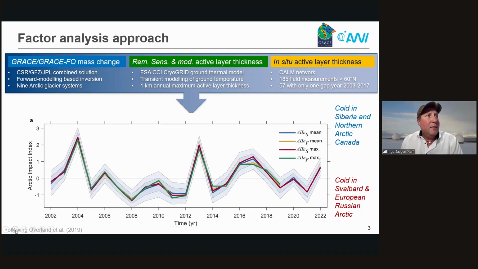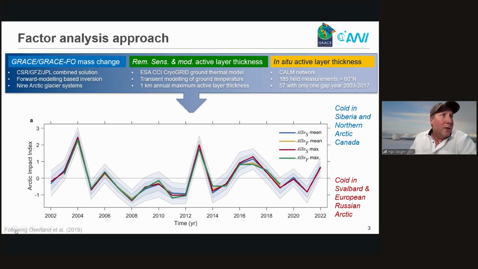Here you can see the variation, which has of course some climatological meaning in the sense that, for example, if this index is high, we have cold conditions in Siberia and northern Arctic Canada, and as I pointed out before, warm conditions in Svalbard, but also other parts of the Russian European Arctic. So this is the index, and then we try to follow up.